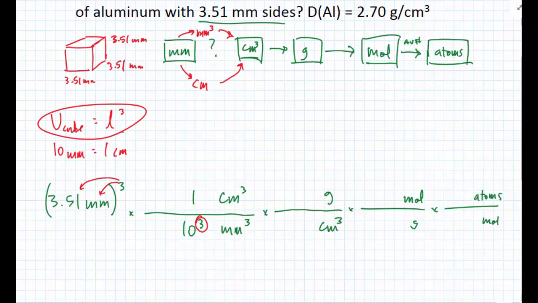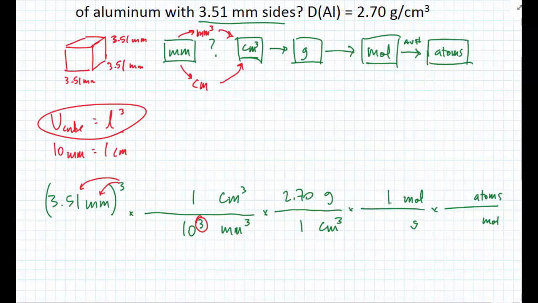Okay. So where does this conversion come from? Right here. Density. 2.70 grams per cubic centimeter. Okay. Right there. Where does this conversion come from? Molar mass?